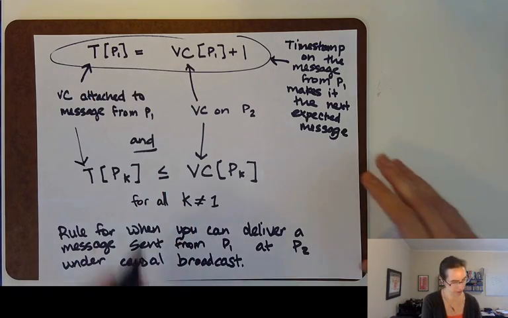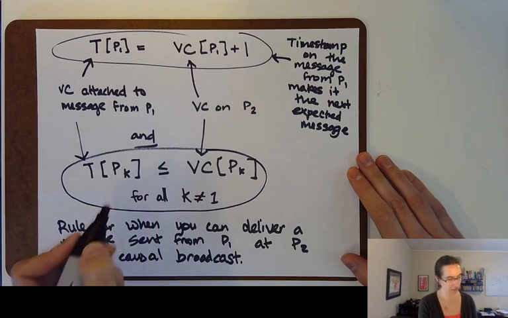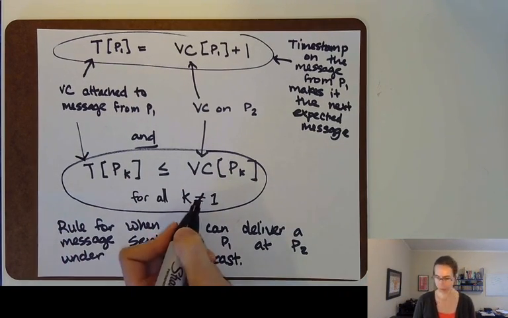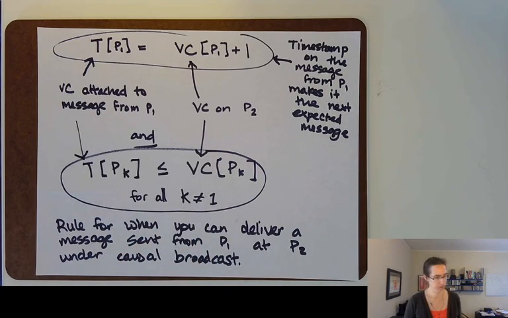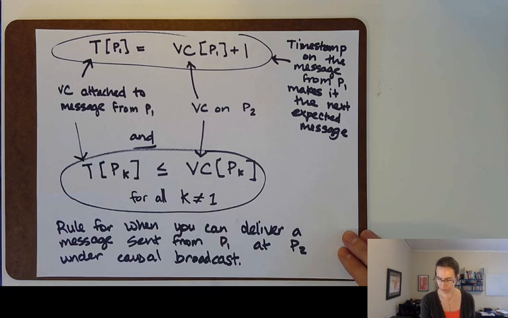Then there's the other condition here, which says that for every other position in the vector clock other than the sender's position, the timestamp is at most as big as the local clock.